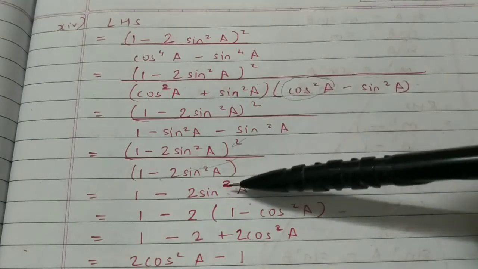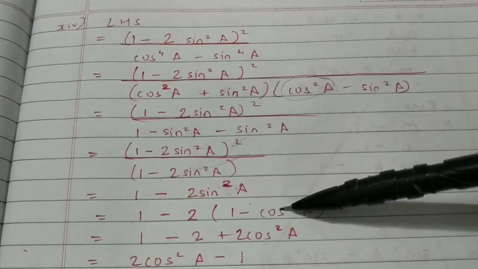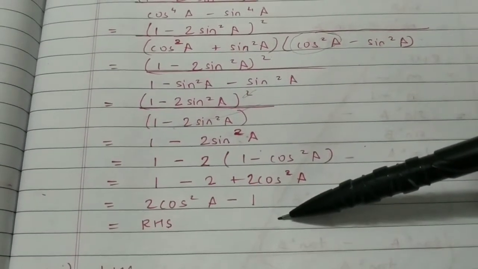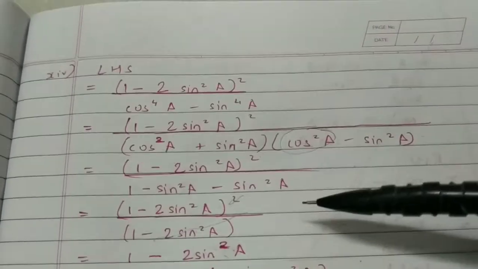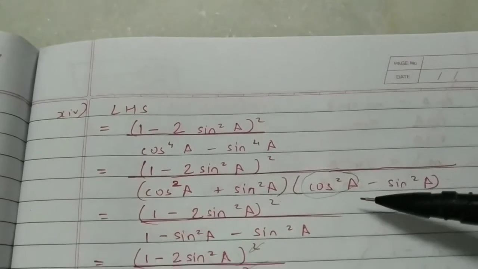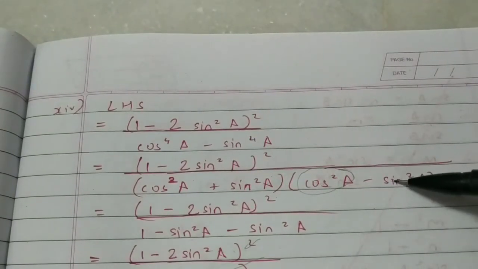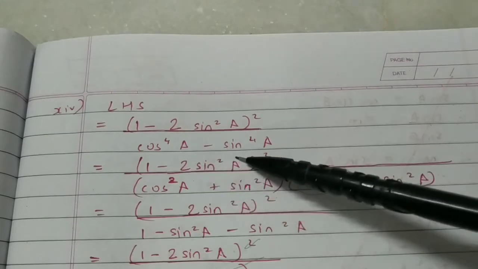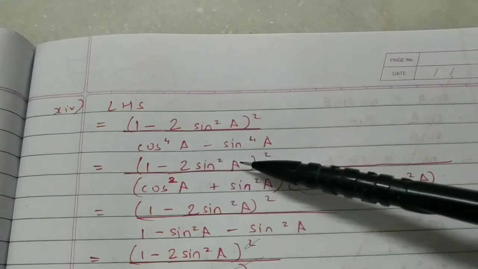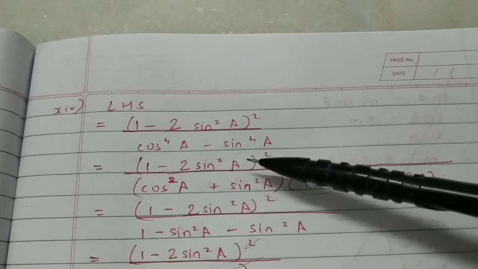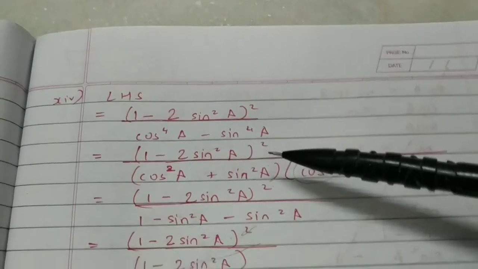So again we will convert the sine square a into cos square a to get the RHS. Now you could have converted everything into cos square a right after this step. You could have converted this into cos square A and this into cos square A, because RHS is in terms of cos square A. That would have also worked out well.